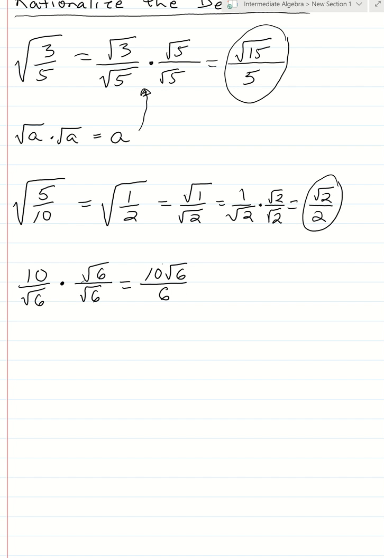And sure enough, the 10 and the 6, we could simplify because they're both outside the radical, and since they are both divisible by 2, that's how we would get 5 square root of 6 over 3 as your simplified answer.